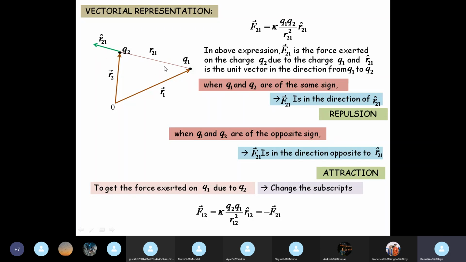So basically it will try to push the charges apart, and that is repulsion. Whereas when q1 and q2 are of opposite signs, then F21 will be minus r21, so it will be acting from q2 towards q1, in a direction such that it's trying to bring the charges close together, and so there is attraction.